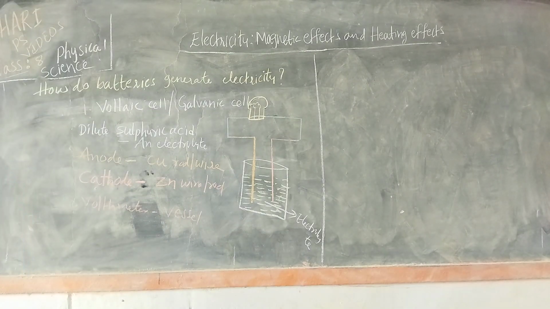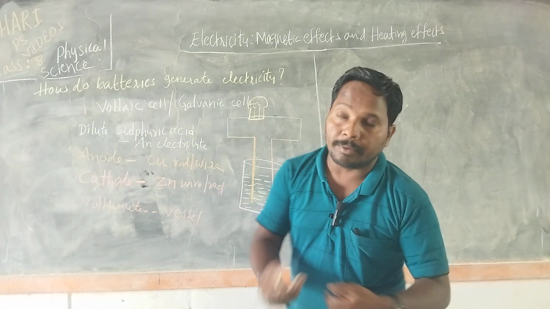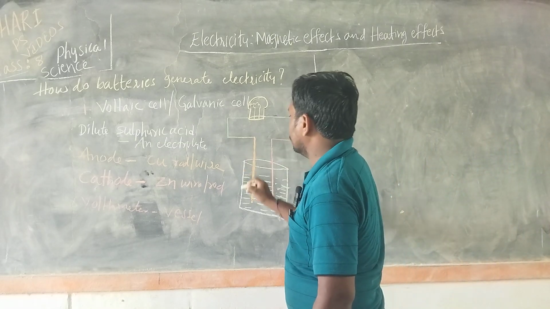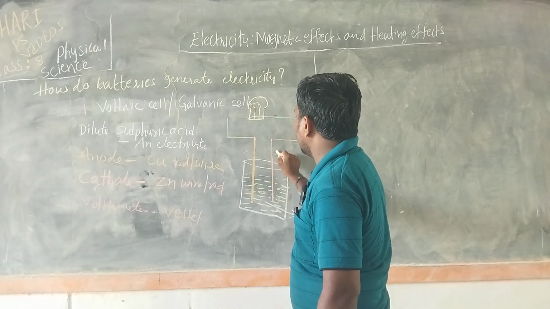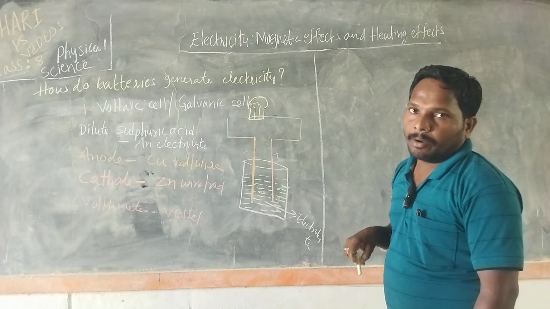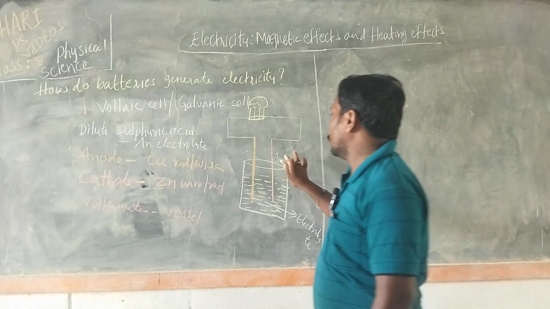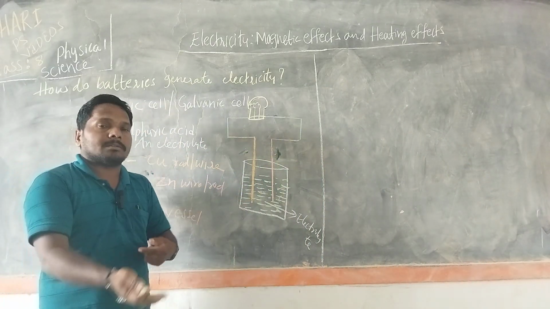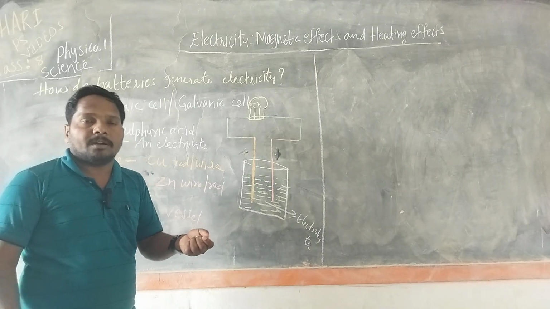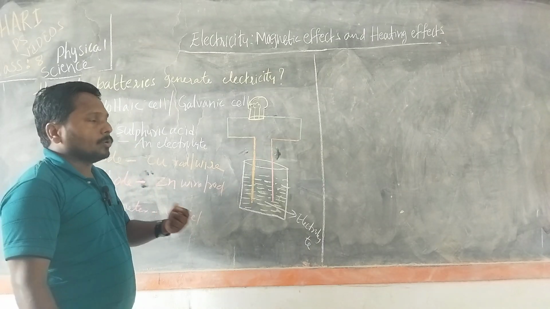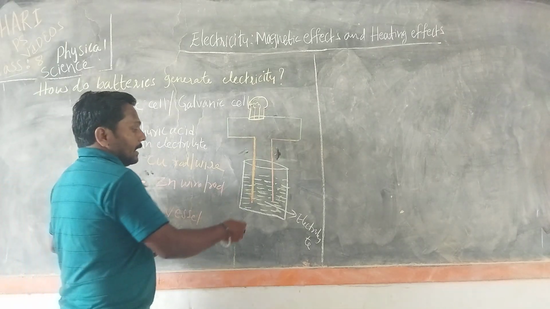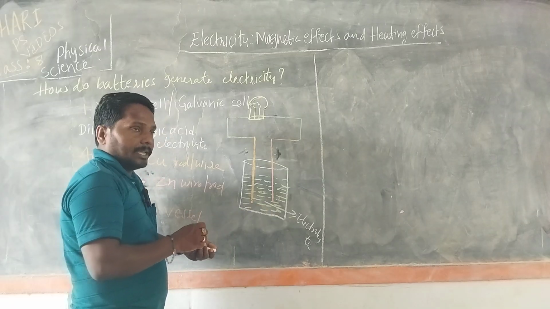So here, due to some chemical reactions between the copper anode and the zinc cathode, there is an exchange of electrons and ions. Because of these chemical reactions, electricity is generated.